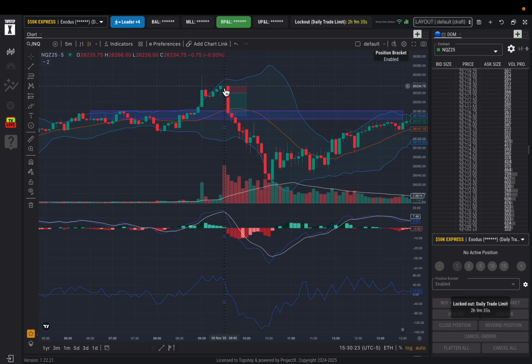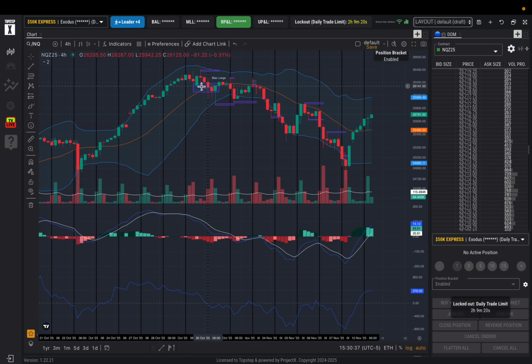If I entered this candle as a long position, I would have got stopped out. So what am I going to do? I'm going to look for a short position, along with the 4 hour. You're looking for that respect on the average right here, right?